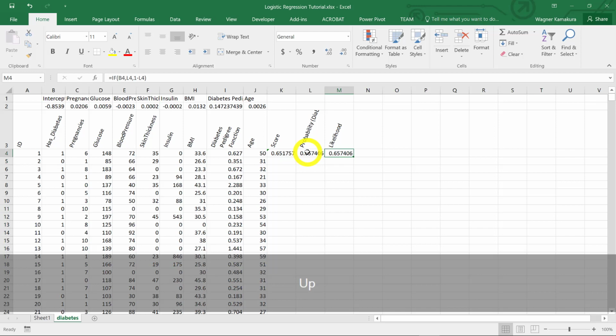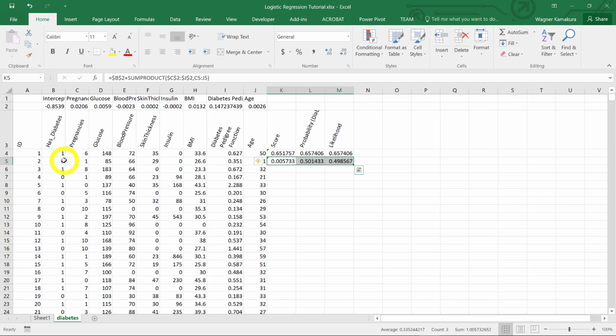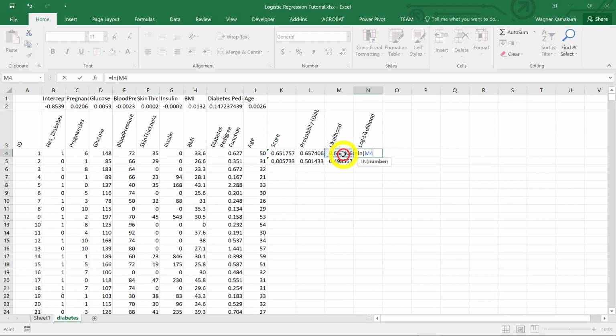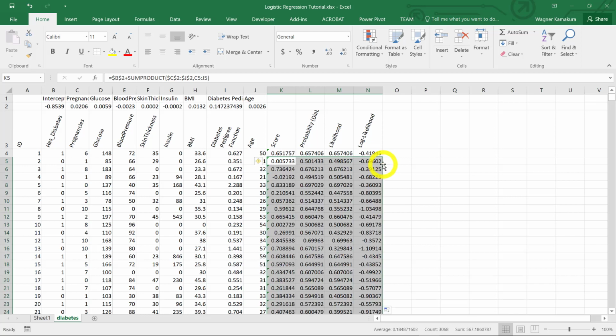In the second case, the patient did not have diabetes, and the probability of having diabetes is 0.501, so the likelihood of the event is the complement of that, 0.498. And we're going to calculate the log likelihood, which is just the log of the likelihood.